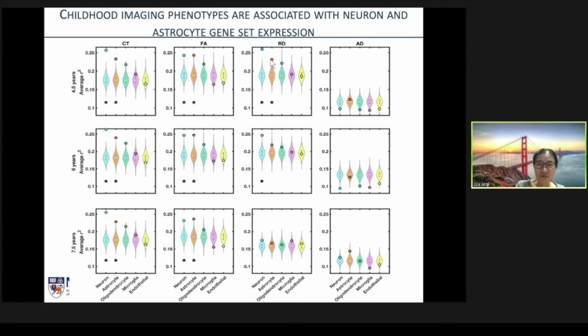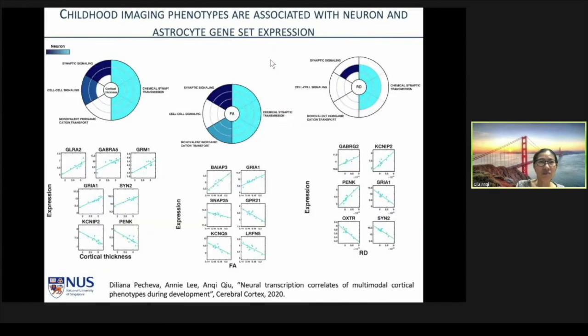Similarly, we see FA values as well as radial diffusivity measures highly correlated with gene expression information in neurons and astrocytes, particularly at 4 years and 6 years. Again, the top 10% of genes from this high correlation analysis basically contribute to the synapse signaling information in early childhood.